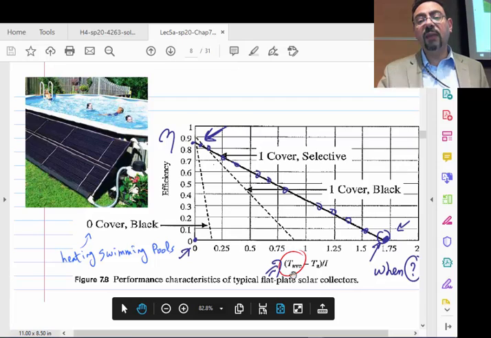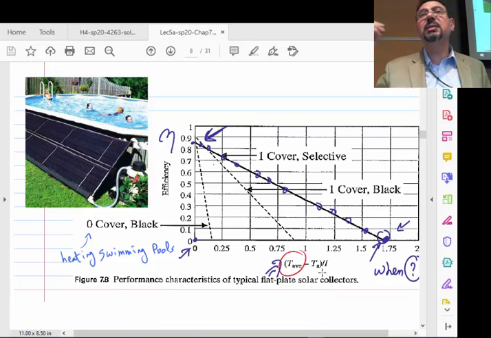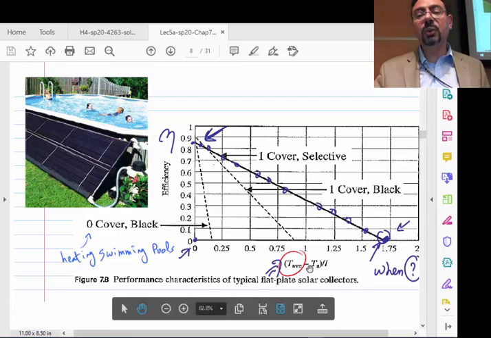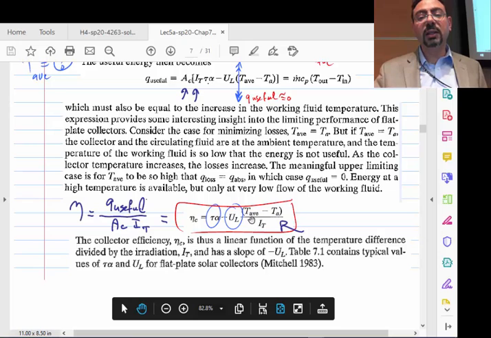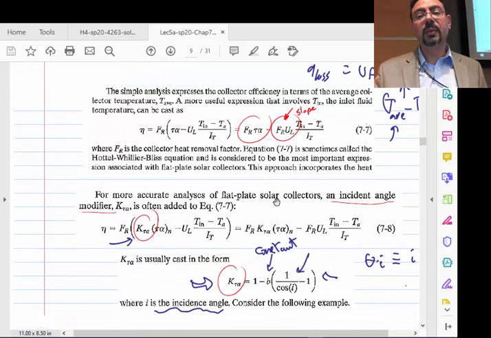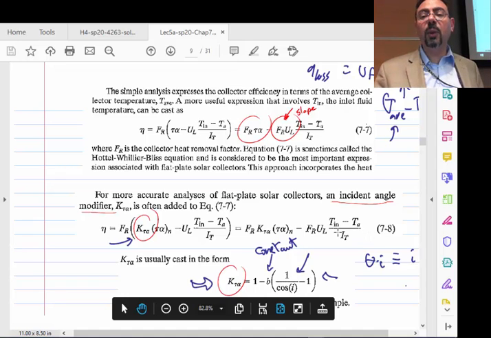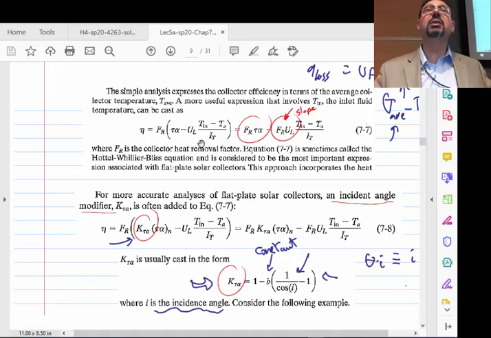So what's useful is if they have done this with T inlet minus T ambient, then it's really useful. Okay. So in order to convert this equation that has T average minus T ambient to become T inlet minus T ambient, they have to do a correction factor, and that correction factor is the FR. So FR is a collector heat removal factor. Okay, and it's basically a way for you to write the equation in terms of things that are really good for design: T inlet minus T ambient.